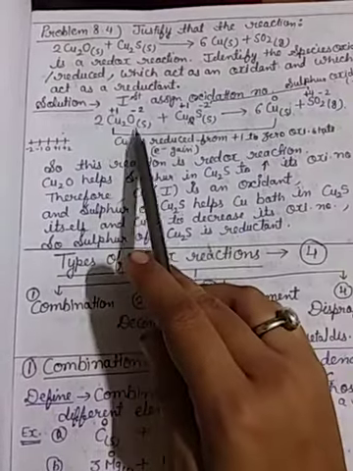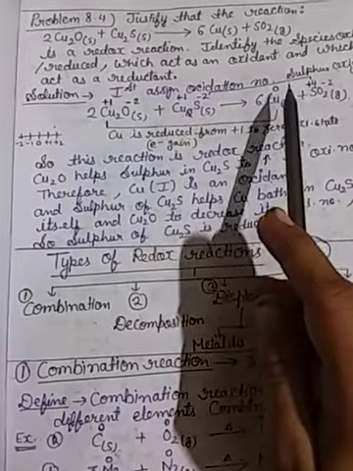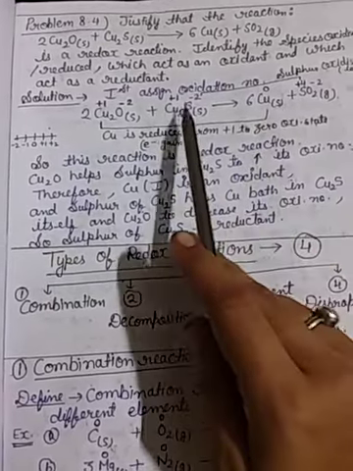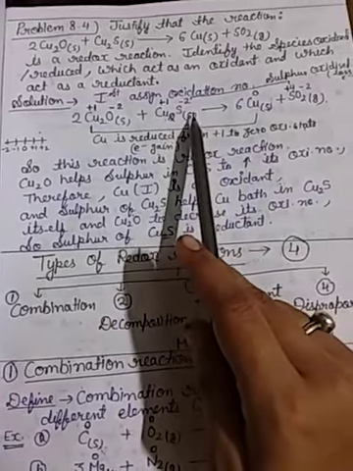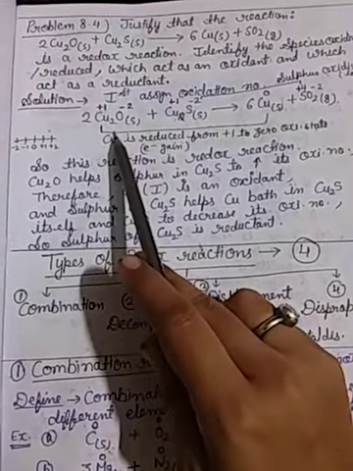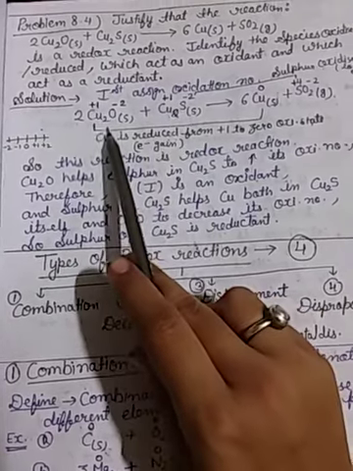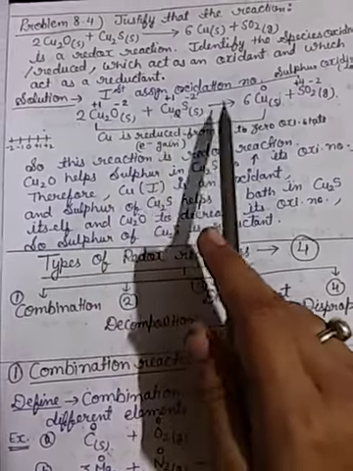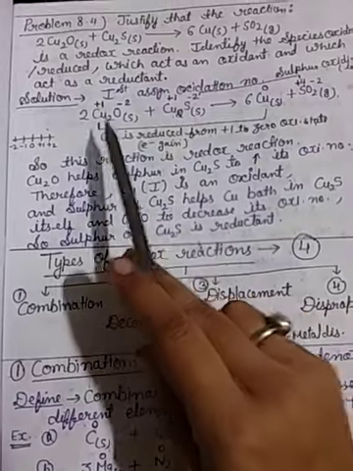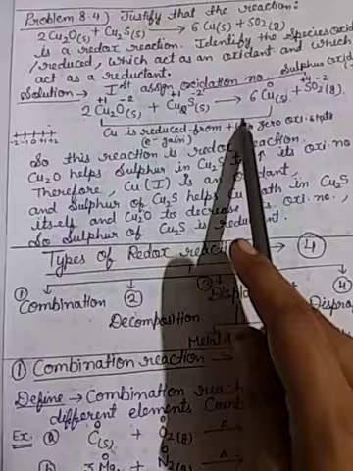So Cu2O helps sulfur in copper sulfide to increase its oxidation number. So copper is the oxidant, and the sulfur of copper sulfide helps copper, both in Cu2S itself and in Cu2O, to decrease its oxidation number.